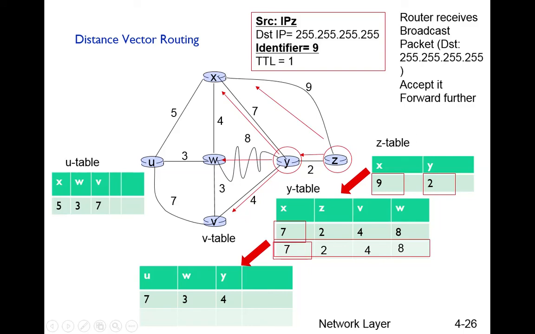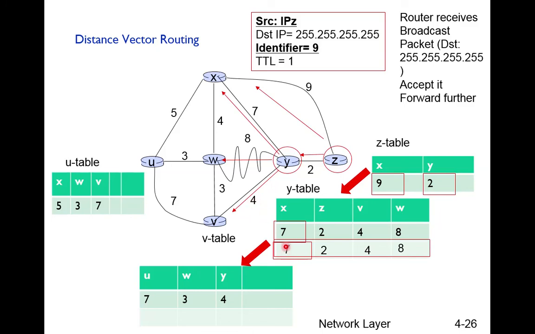The first entry is x. From this table, v comes to know that we can reach x if we reach y. So v to y, the path length is 4, and from y to x it is 7, shortest.